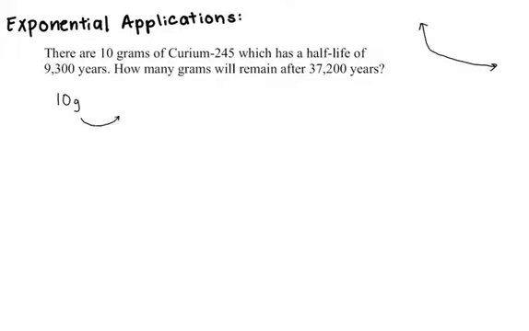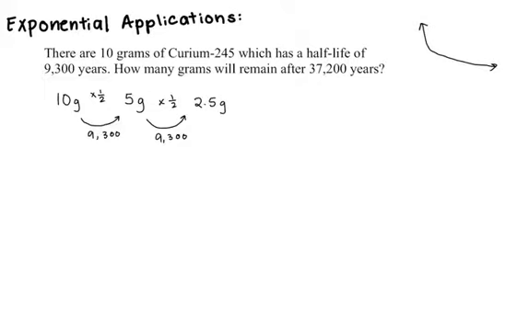So that means it takes 9,300 years in order for the amount of this compound to cut in half. So every 9,300 years, we multiply by 1/2, right? It'll take another 9,300 years for us to end up with 2.5 grams.